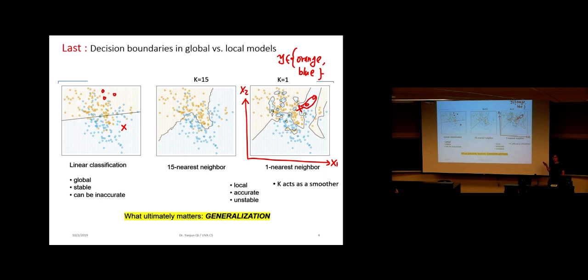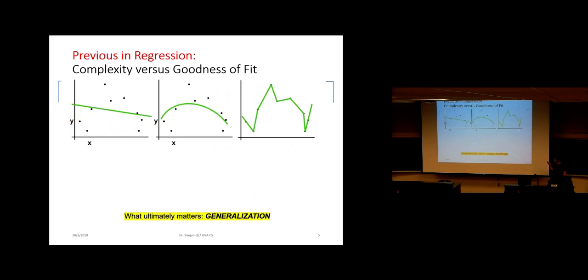This is a two-dimensional classification, and this is a one-dimensional regression, where the y-axis is the vertical axis.